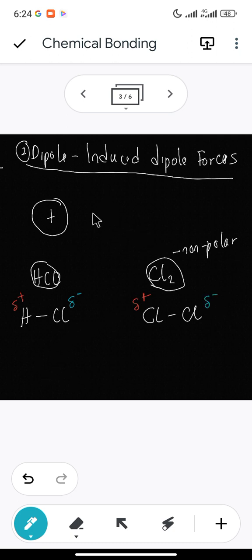Obviously, remember, like charges repel. So assuming in this chlorine molecule the electrons are evenly distributed, and remember that electrons are negatively charged, if it's close to this partially negative side, it's going to repel. So most of them are going to be stacked up around this place, you understand?